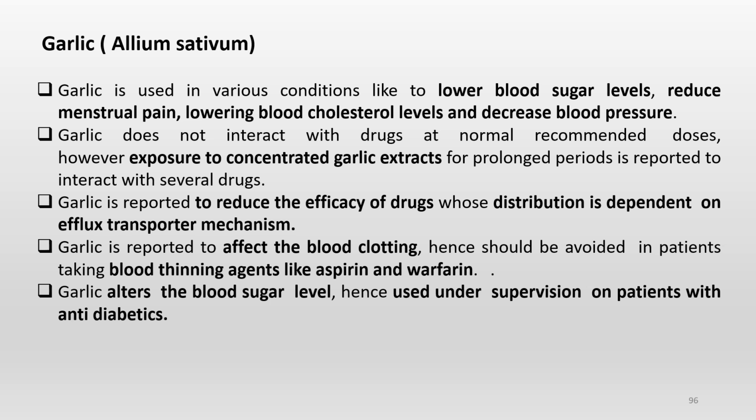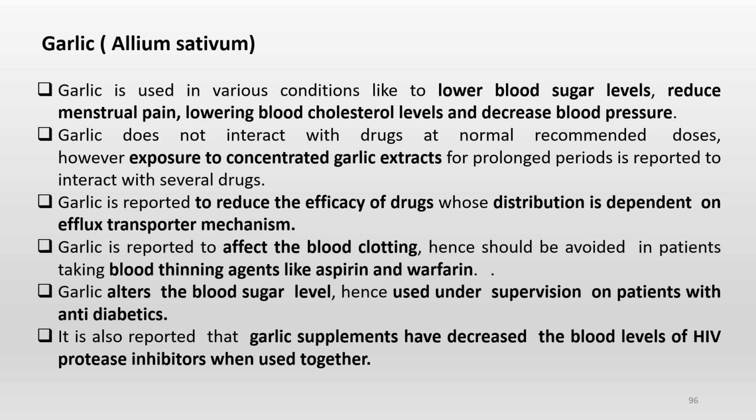Garlic alters the blood sugar level, hence should be used under supervision in patients with antidiabetic treatment. It is also reported that garlic supplements have decreased the blood level of HIV protease inhibitors when used together.